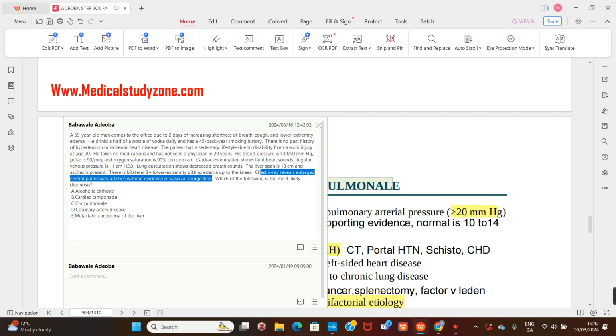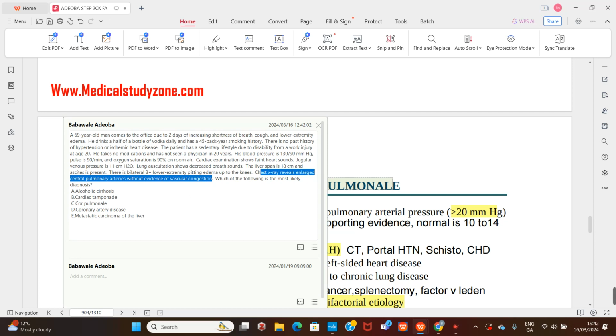If PCWP is more than 15, then it's likely to be from the left. But if it's less than 15, or you are not seeing any evidence of vascular congestion, you can say that this is not the left, because in the left you are going to see vascular congestion. But that still doesn't change the answer. That's still pulmonary hypertension.